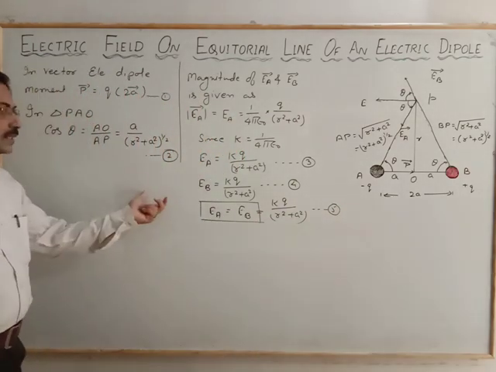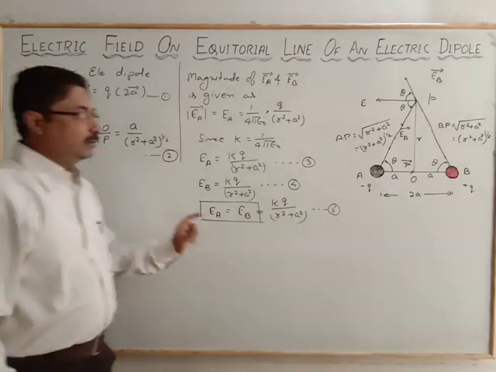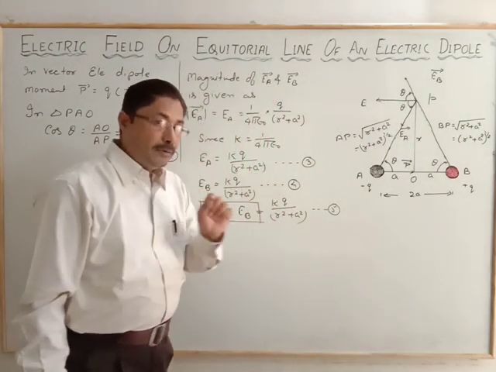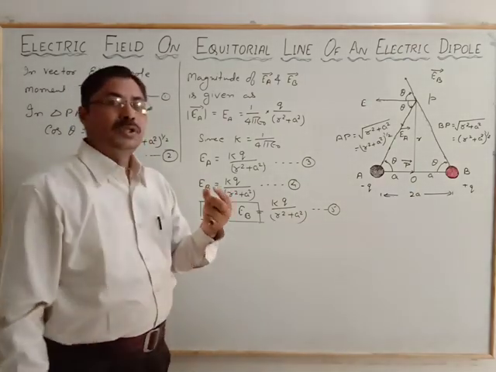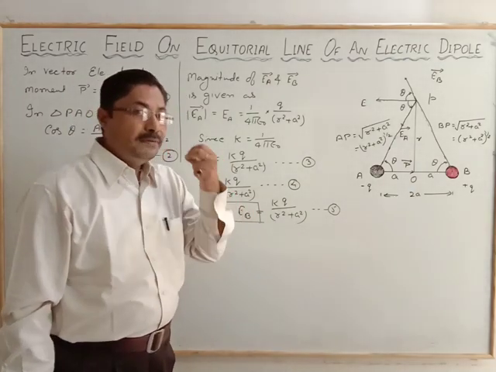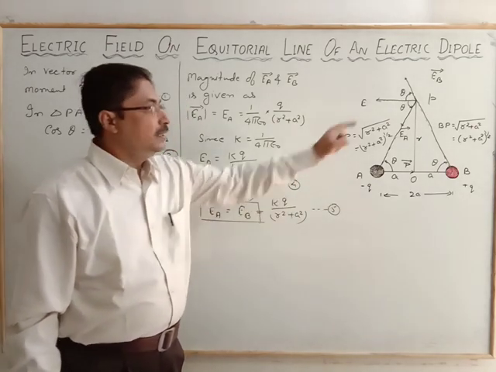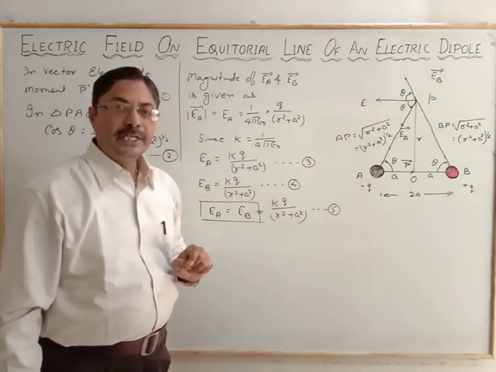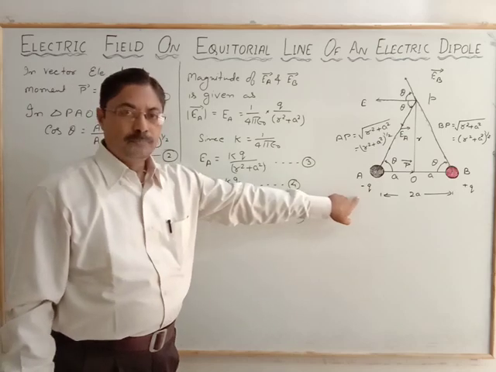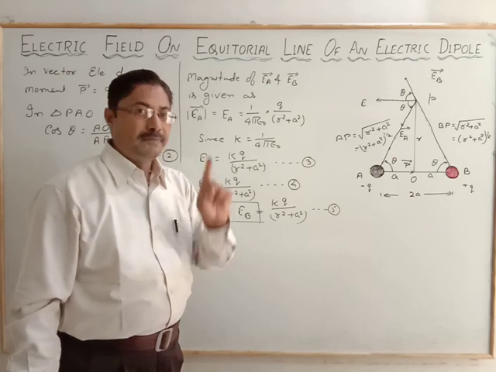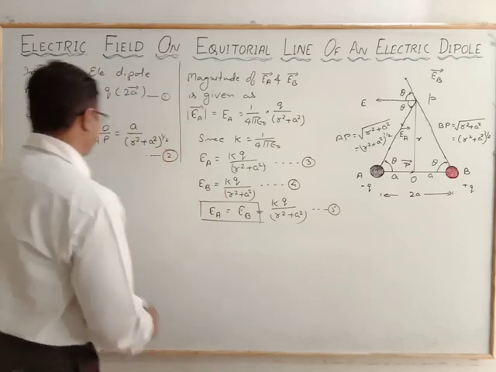So these relations are common to calculate the electric field at point P. Now there are 3 ways to obtain the expression of the electric field at the point P due to the dipole. We will study these 3 methods.